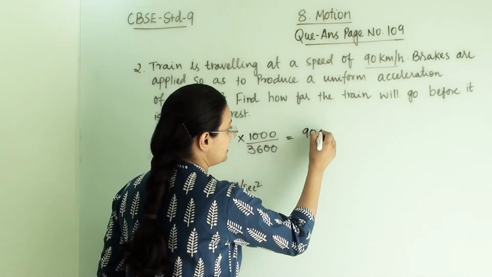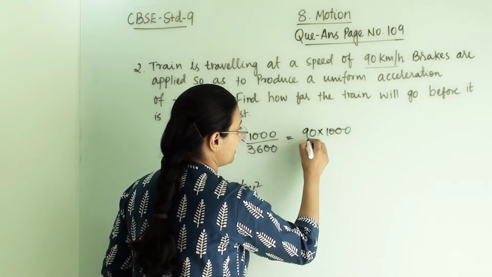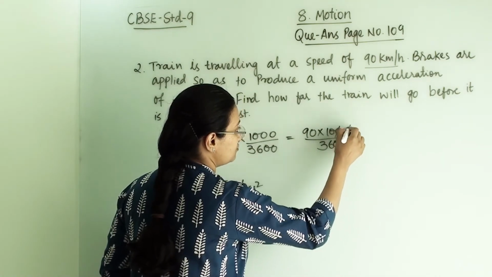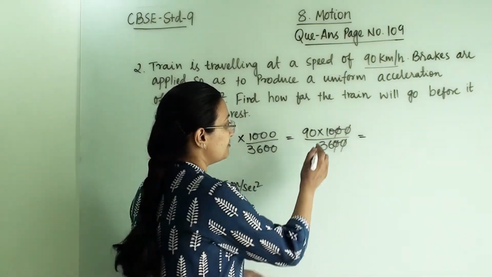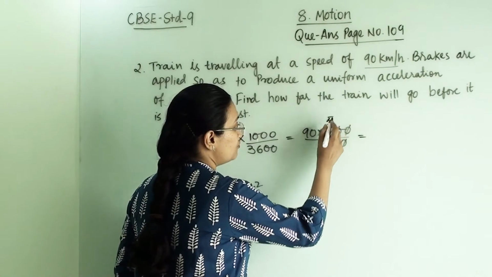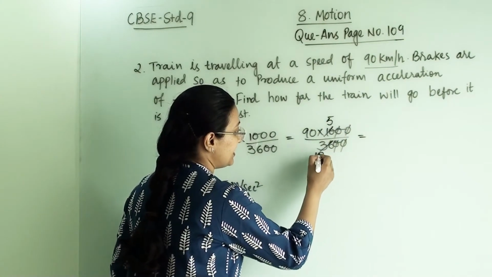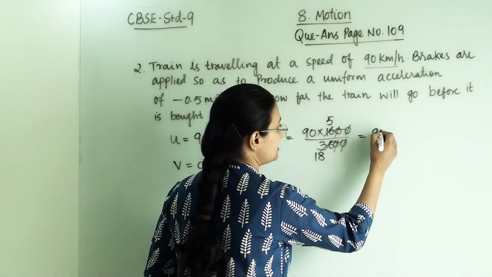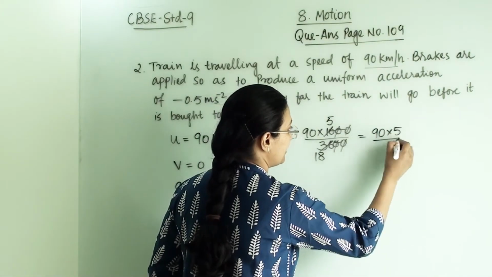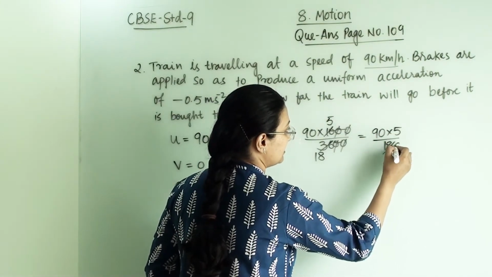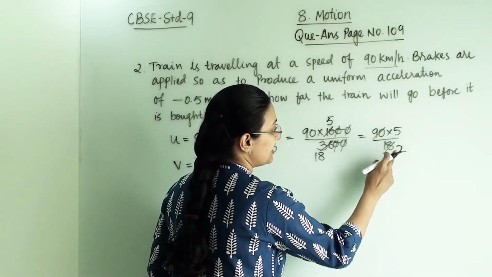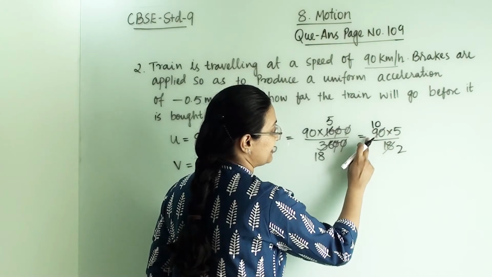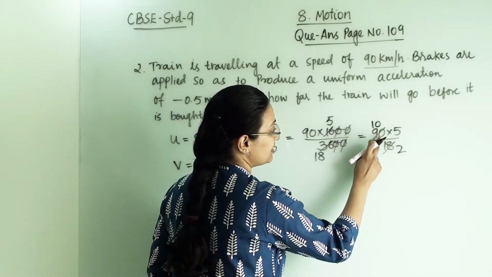Now we have to multiply this with 90. So it is 90 into 1000 divided by 3600. The 2 zeros will go. Here 2 fives are 10 and 18 twos are 36. So we get 90 into 5 divided by 18. Again 9 twos are 18 and 9 into 10 is 90.